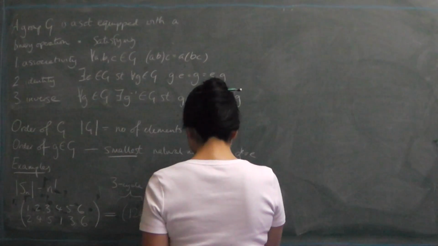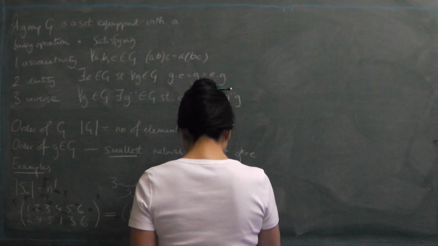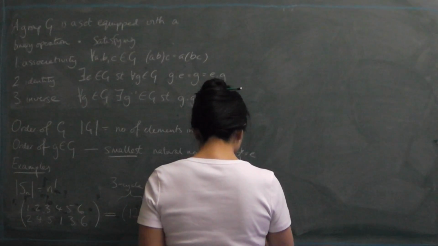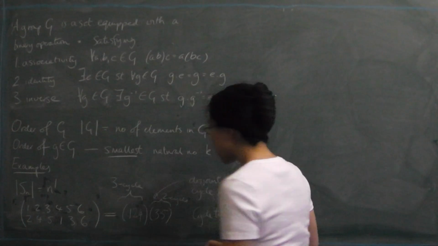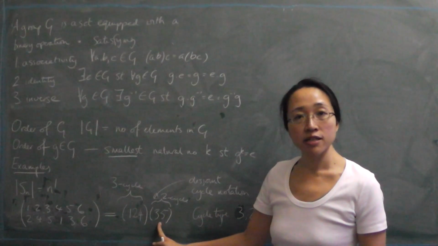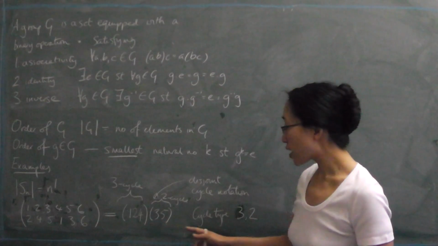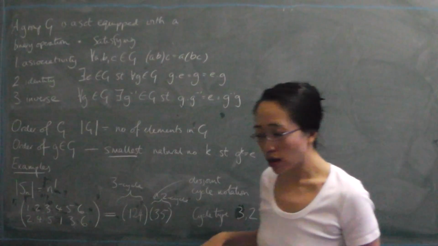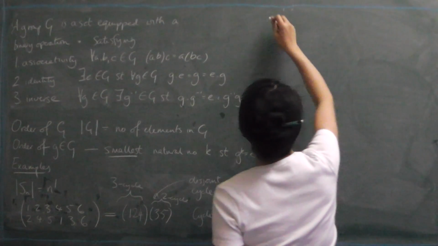So the cycle type is 3, 2, which is to say it's a 3 cycle followed by a 2 cycle when we write it in disjoint cycle notation. So all I've done is I've abbreviated 3 cycle, 2 cycle to 3, 2, and that's the cycle type of that element.